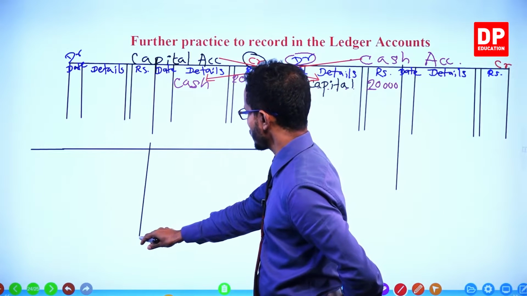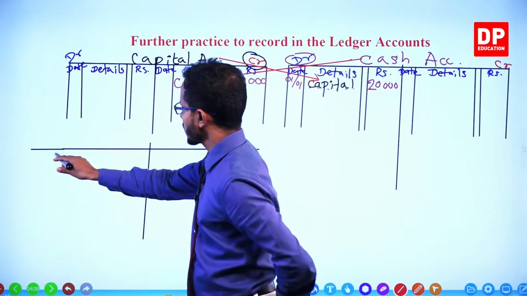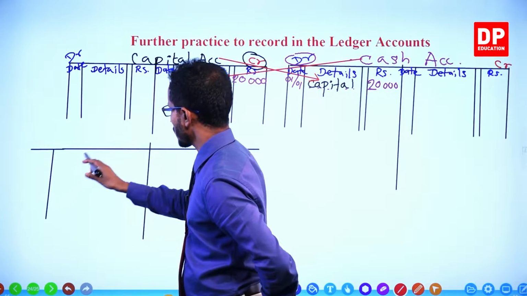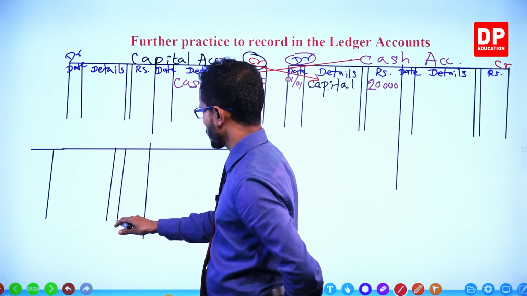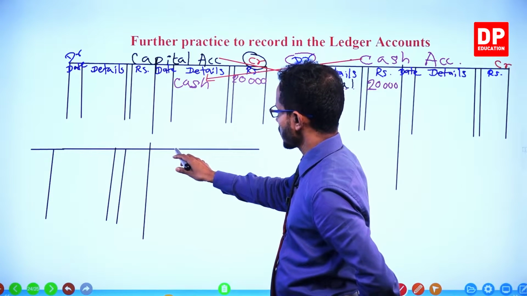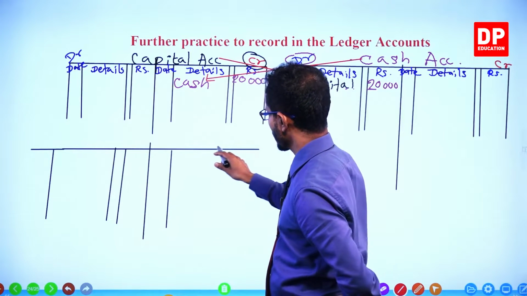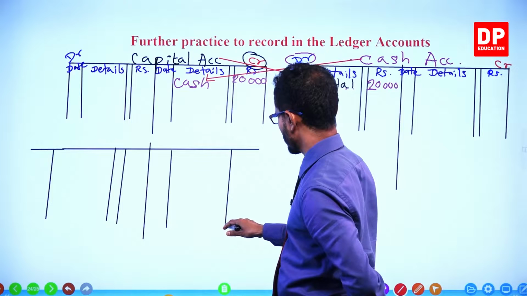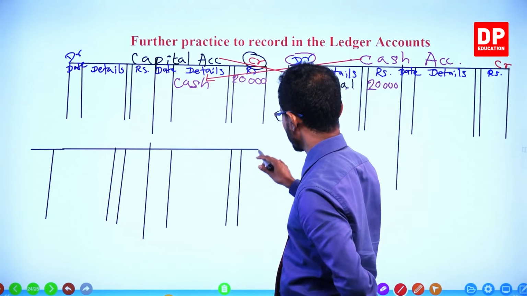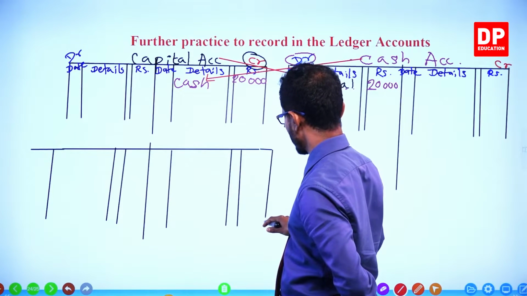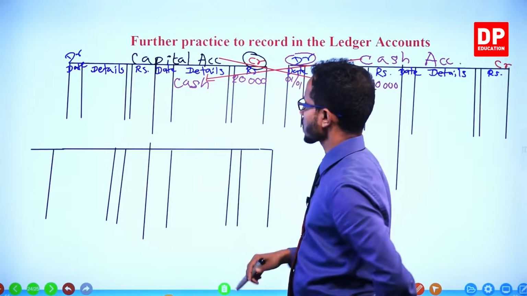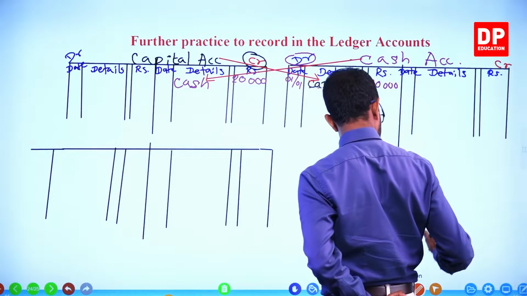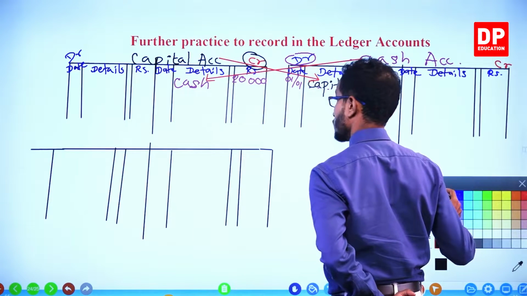Drawing the T first, then narrow column, wide column, narrow column, narrow column, wide column, narrow column. Okay, this should be the purchases account that we know.